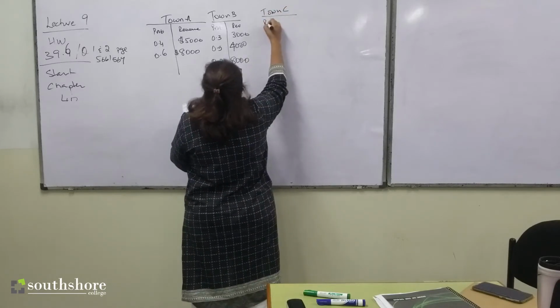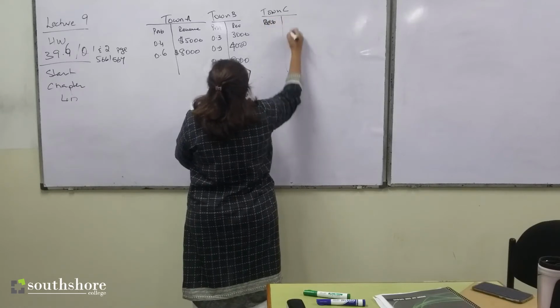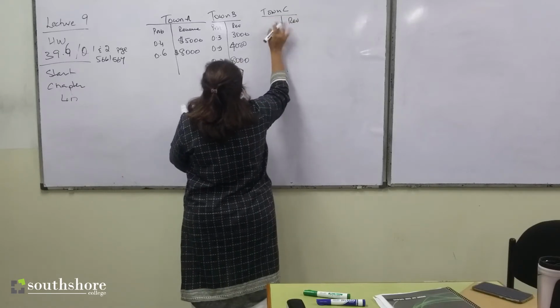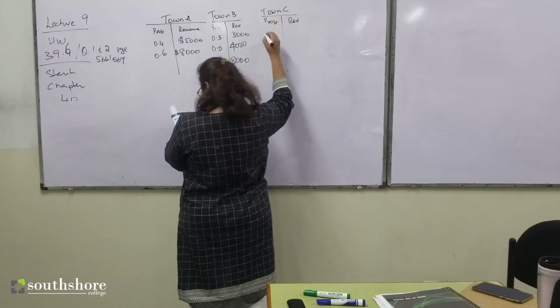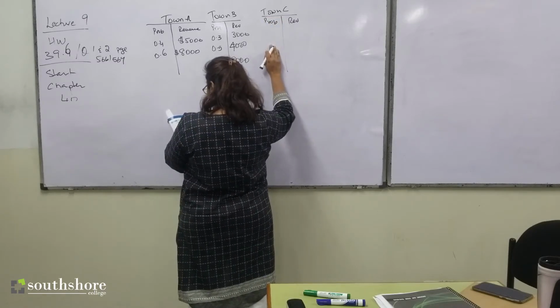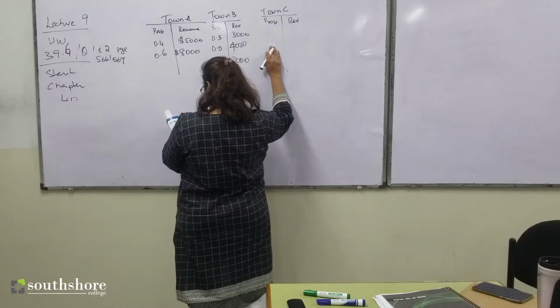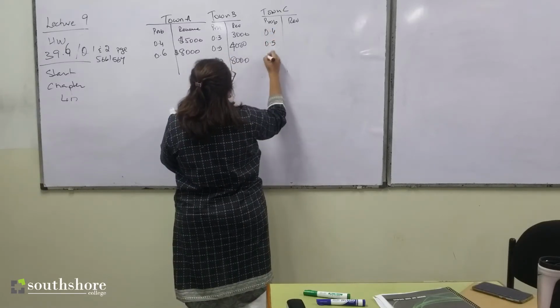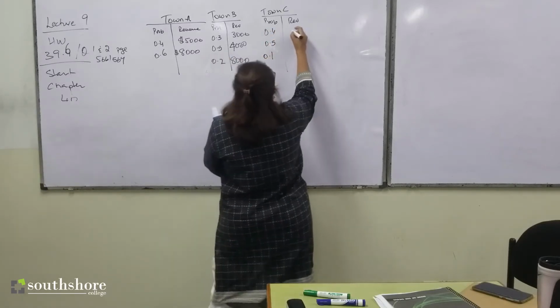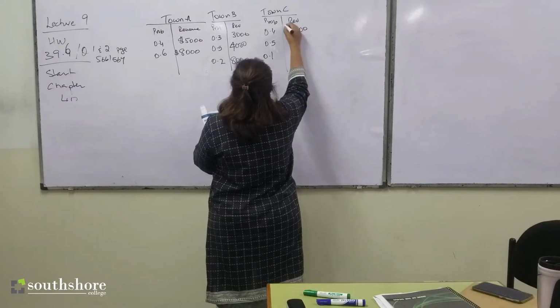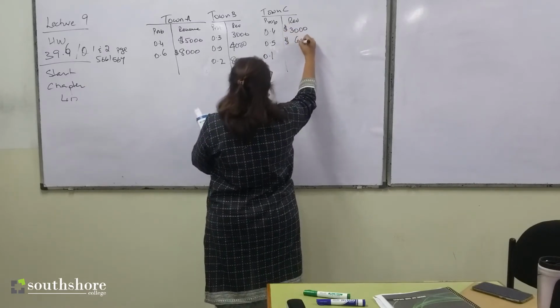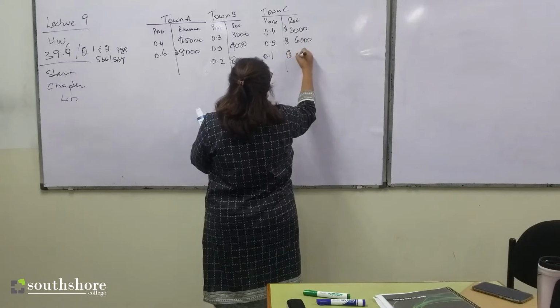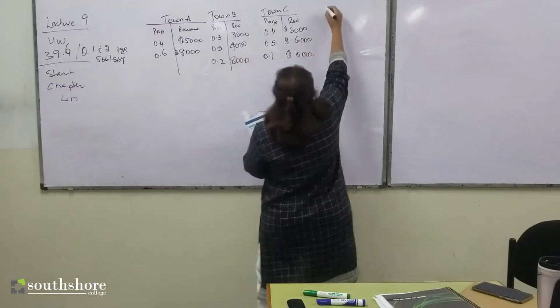Town C is probability, and here is your revenue, and here also he has 3 options. He has 0.4, 0.5, 0.1, and he will earn 3,000, or he will earn 6,000, or he will earn 10,000.